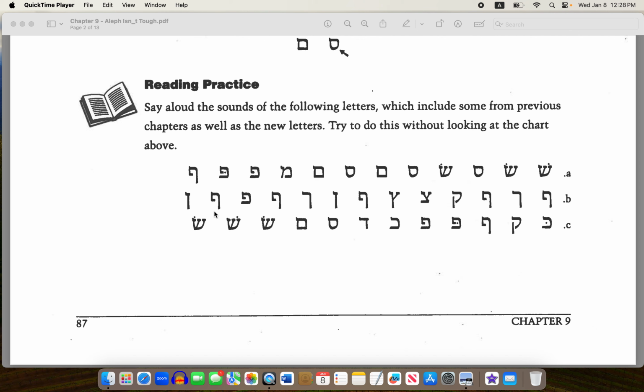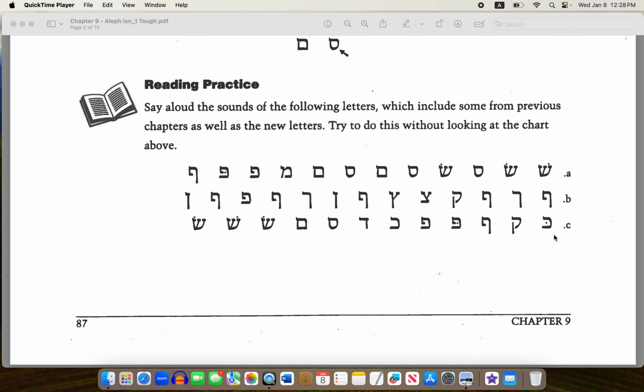And then it should be noted, this is it in regards to final letters: final Mem, final Tzadi, final Fe, final Nun, and final Chaf. That's all of them. So you've learned all of them now.